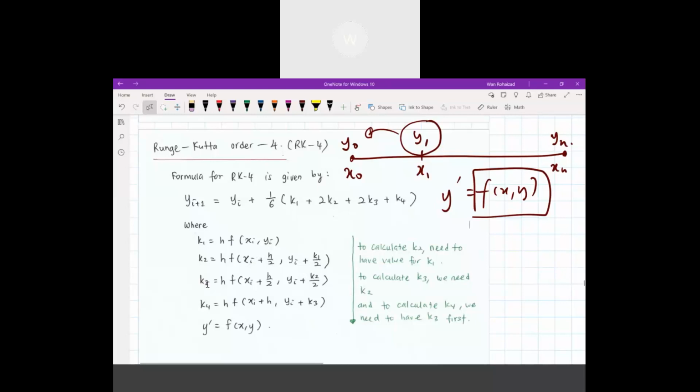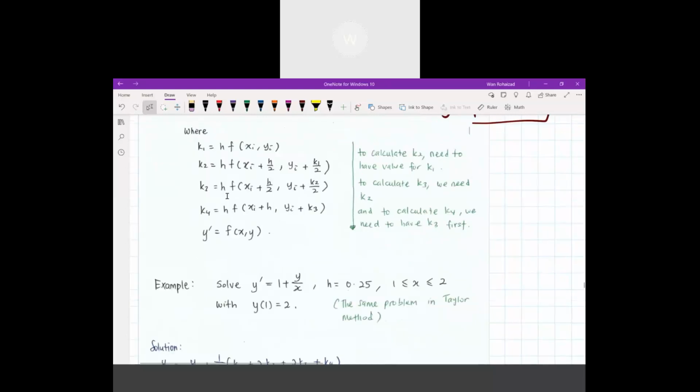Same for k3, which equals h f(x plus h over 2, y plus k2 over 2). So for k3 we need the value of k2. And k4 equals h f(x plus h, y plus k3), so to calculate k4 we need k3.